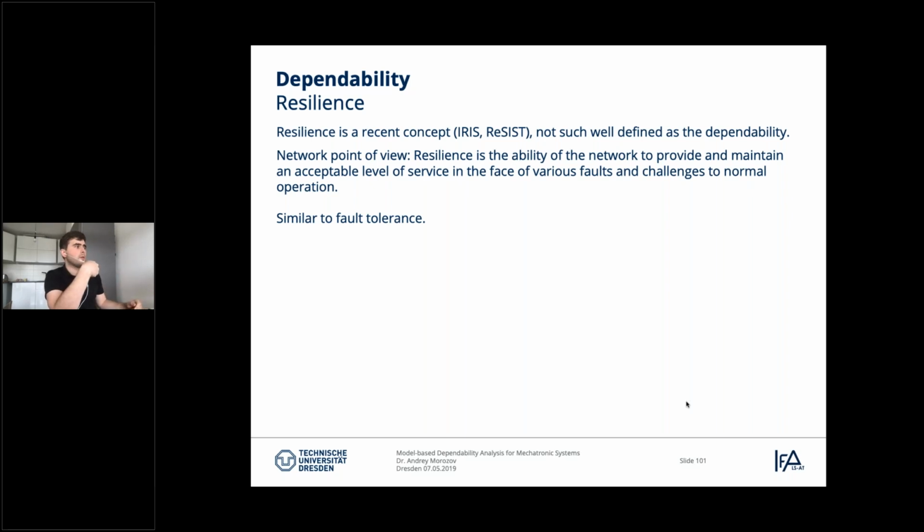Basically, this is fault tolerance from the dependability point of view. Another point of view in the community is that if we have really intelligent fault tolerance, then it is resilience. If we just reboot the system, that is fault tolerance, but if we use artificial intelligence methods for detection and reconfiguration, this is resilience.